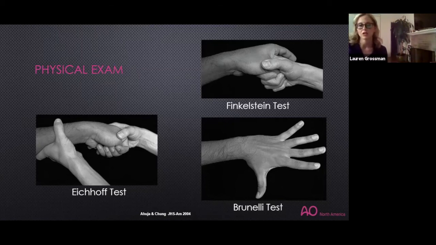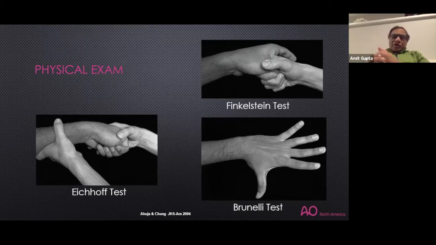And then you have the Brunelli test, which is basically the radial abduction of the thumb, which is also putting stress on those tendons. That's another way to test the patient in case, for whatever reason, the other tests have not been very effective for you. Sometimes this can elicit a response from the patient.